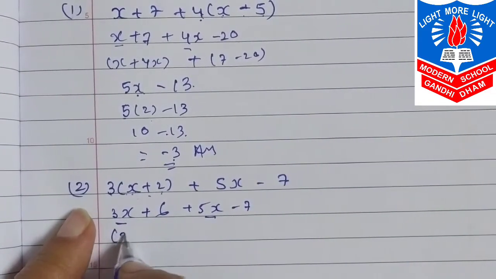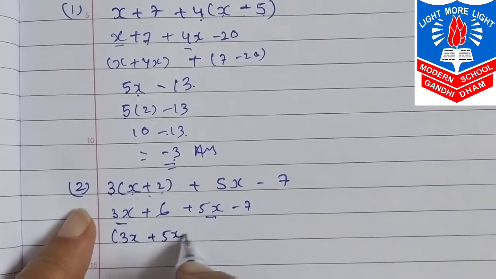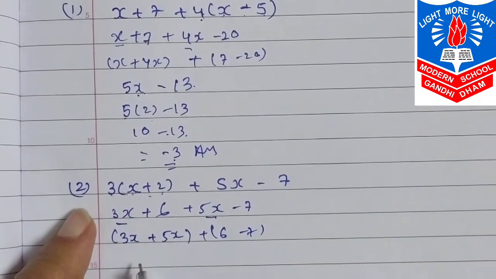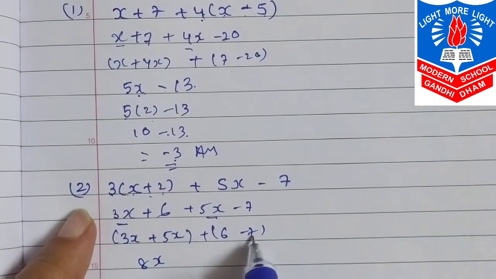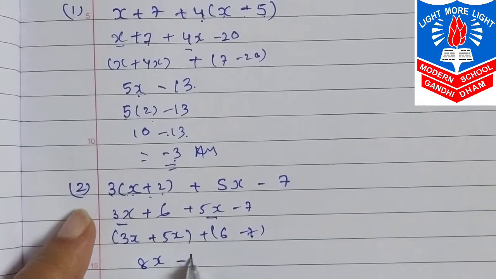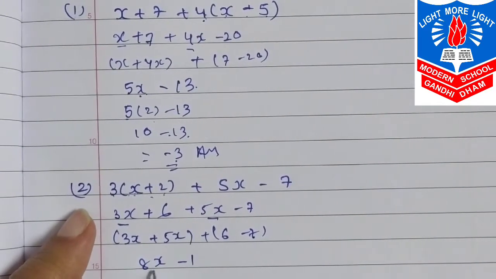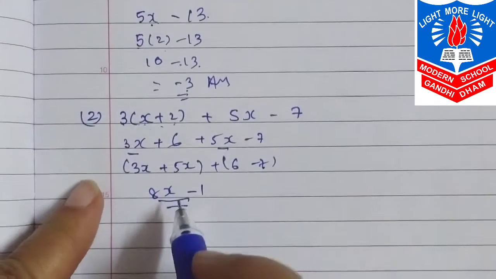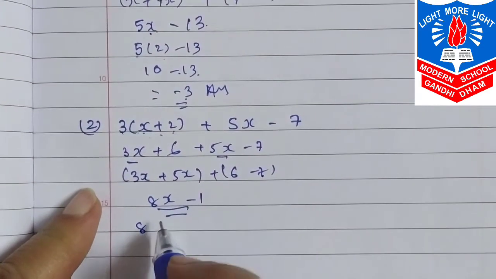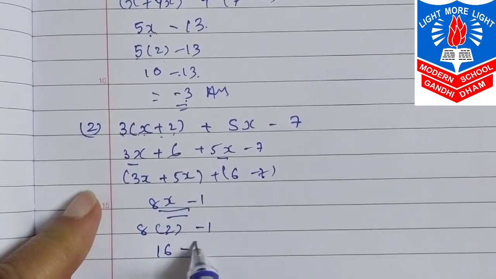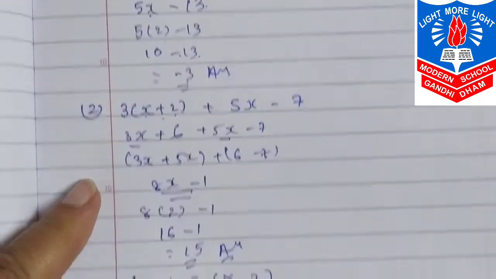Arrange like terms: 3x plus 5x, 6 minus 7. Here is 8x and the bigger integer is 7, so here is minus 1. Then put the value of x equal to 2. We put the value only after getting the final expression. So the value of x is 2, 8 2s are 16 minus 1, that is, the answer is 15.